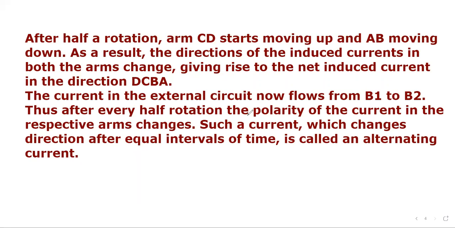After every half rotation, the polarity of the current in the respective arms changes. Such a current which changes direction after equal intervals of time is called an alternating current. And alternating current is represented like this. So this is the positive half, and this is the negative half. And the equation of such current is given by I equals I0 sine omega t.